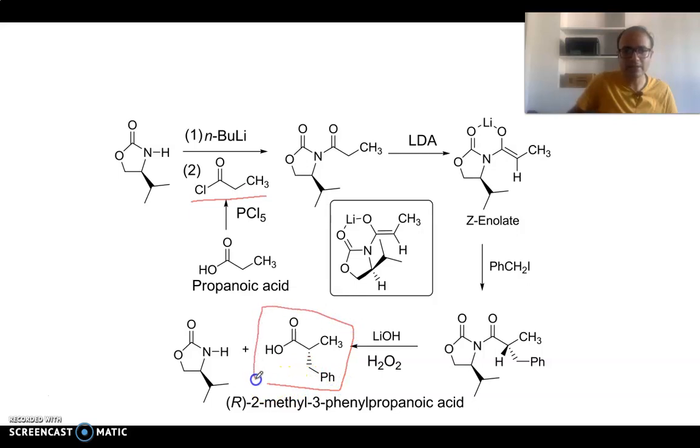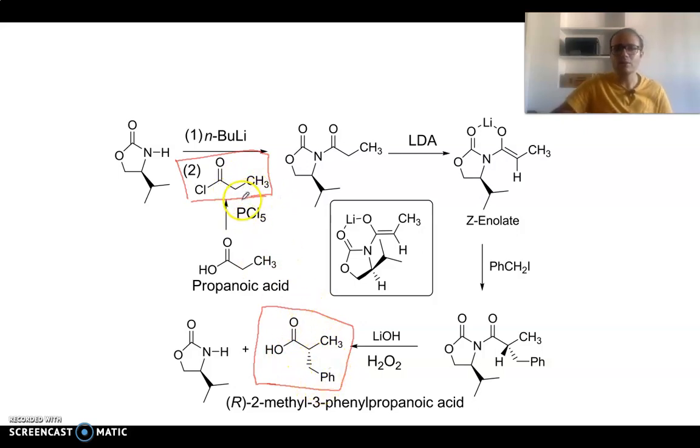So if you see, this is our product and this is our reactant. If you want to get your product from here to here, what are all the differences that you find? Here you have to convert this acid chloride into OH, and the only difference you find is you have to introduce a CH2Ph group.